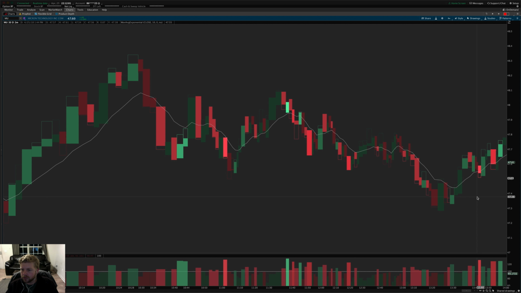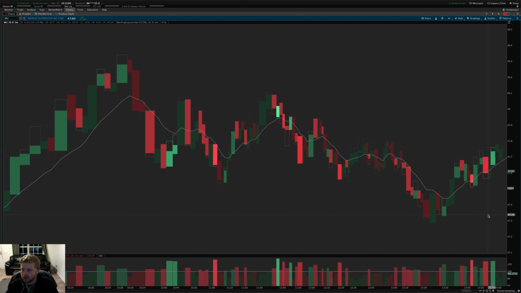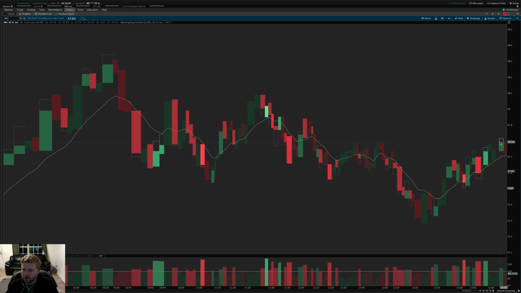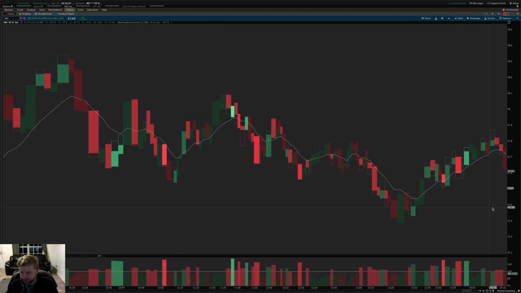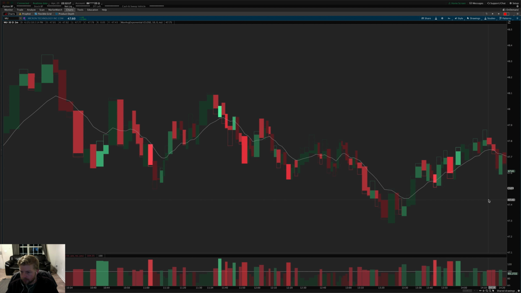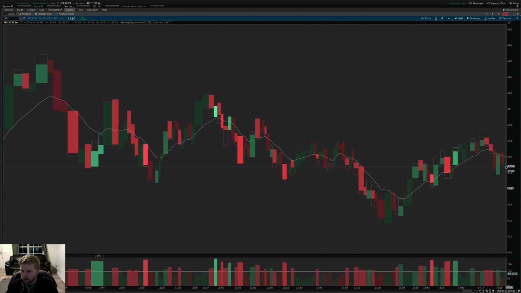I don't know. Let's see here. Yeah, so it's 1R at this point. It may have just gotten to 2Rs there. Yeah, so there's 2Rs before switching back. So got a light volume green candle here.